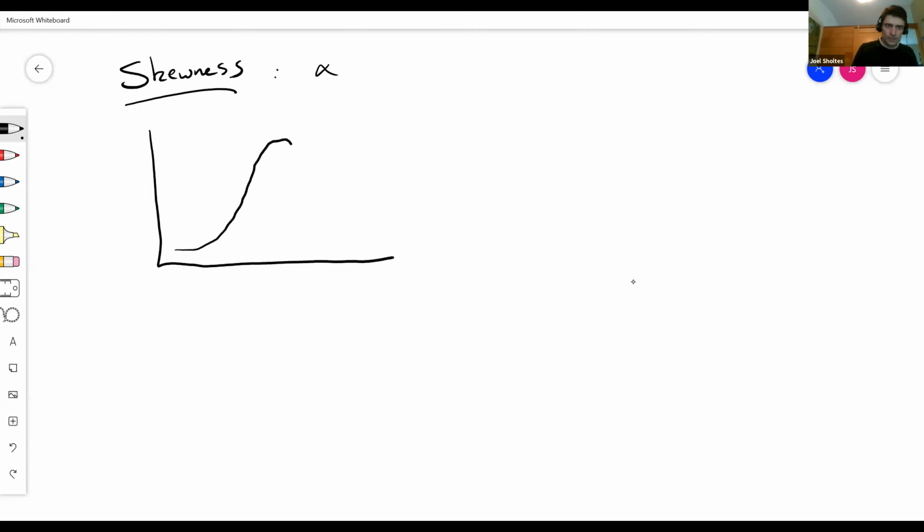You can tell me what the skewness is for this distribution that is symmetrical. Zero. Zero. Good job, Christian. Skewness is zero. And all the skewness tells you is, is it symmetrical or not? So good memory. So skewness is zero, I'll just write that here, alpha is equal to zero.